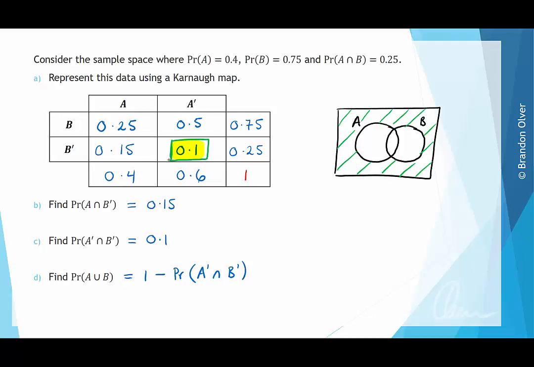If we take that away from 1, we find A union B, which is all of this, and is what we're after. Therefore, we have 1 minus 0.1, because that's the probability of A complement intersecting B complement, which equals 0.9.